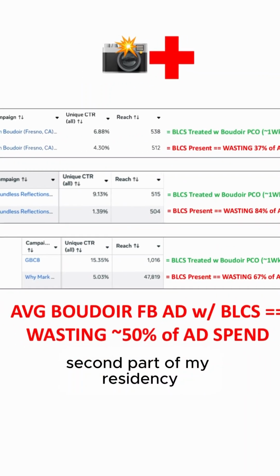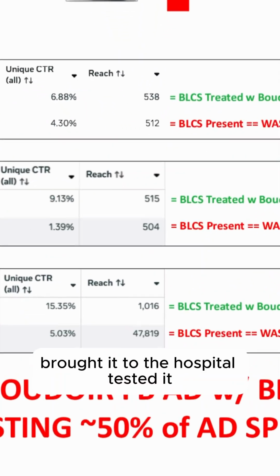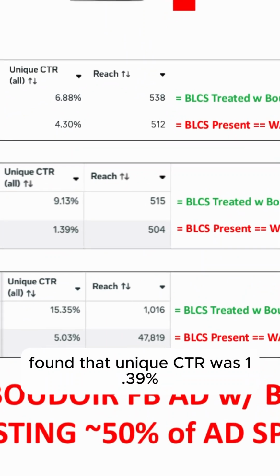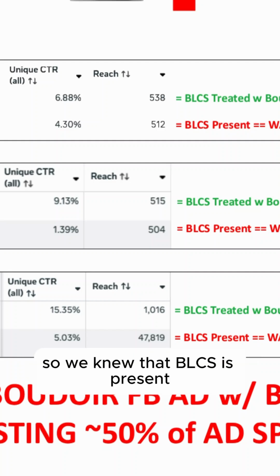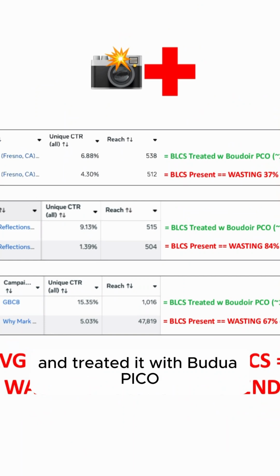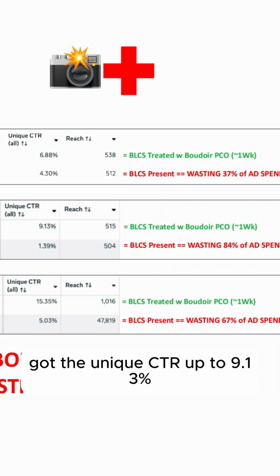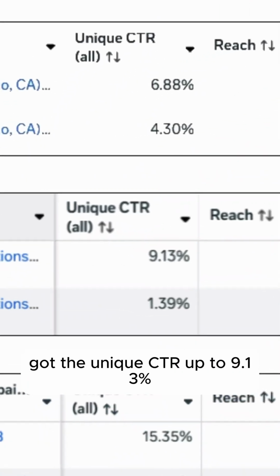Second part of my residency was finding a second ad to do that with. So I found another one out there, brought it to the hospital, tested it, and found its unique CTR was 1.39%. So we knew that BLCS is present. So we duplicated that and treated it with Boudoir Pico, and got the unique CTR up to 9.13%.